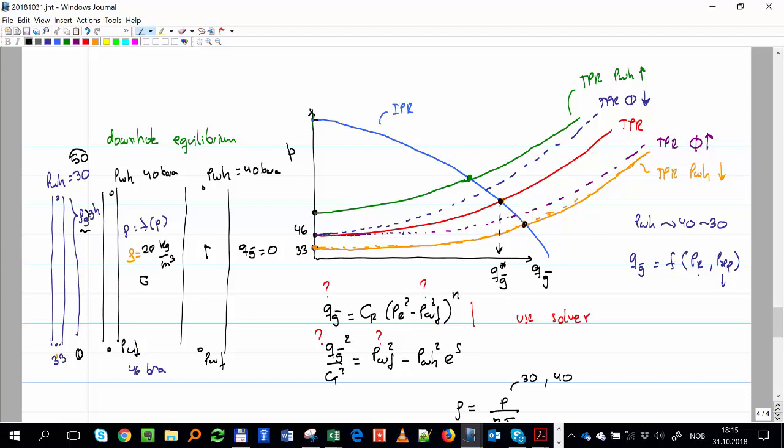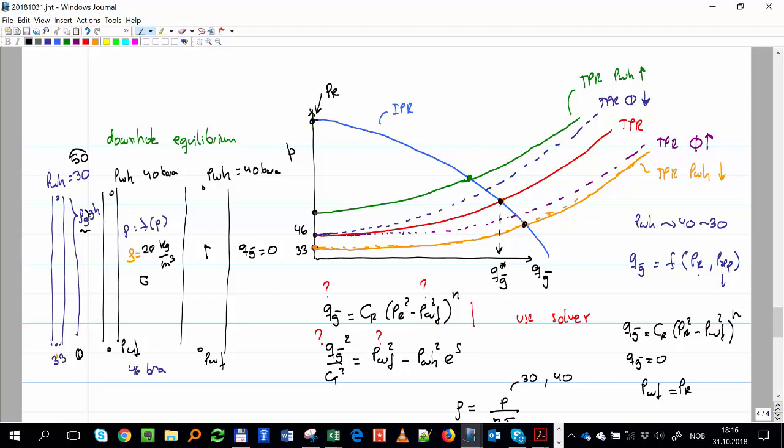Remember, reservoir pressure in the IPR, in the back pressure equation, QG equals C (PR squared minus PWF squared) to the power of n. If I say QG is 0, that means PWF is equal simply to PR. So this point here on the IPR is reservoir pressure.